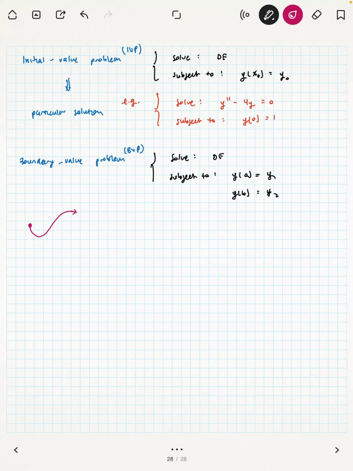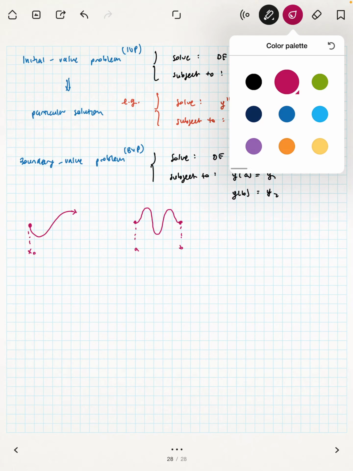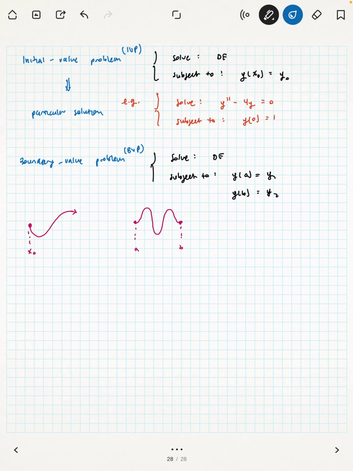So this is your particular solution to an IVP. A BVP, on the other hand, is going to give you a particular solution that's bounded to two endpoints. That's really the difference there. But we're just going to be giving these. We're not going to think about them too deeply.